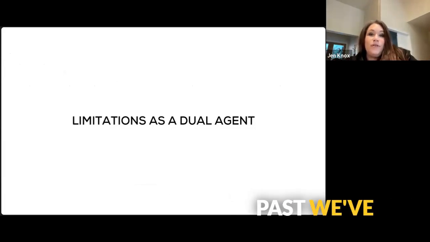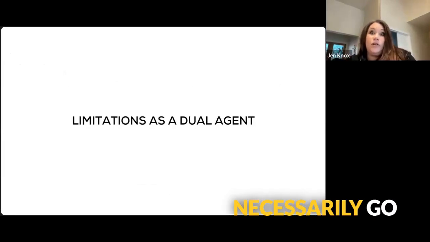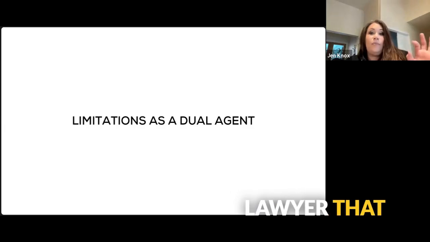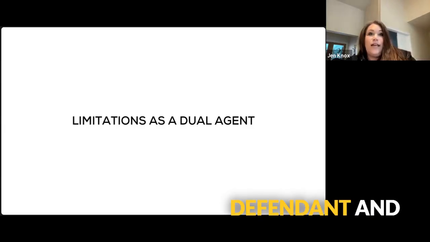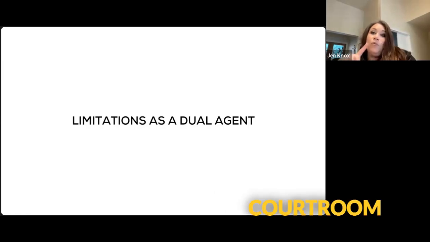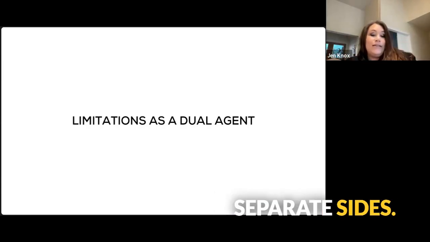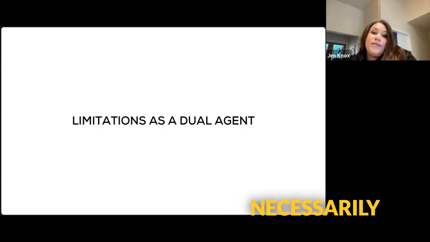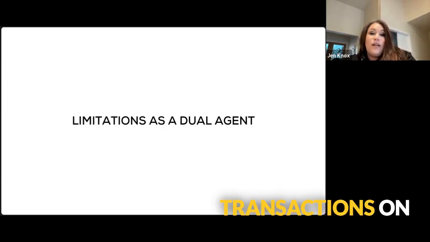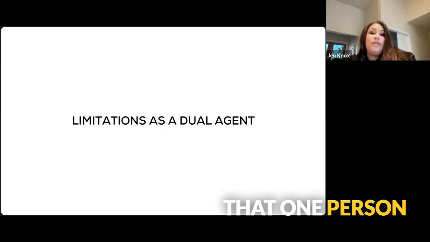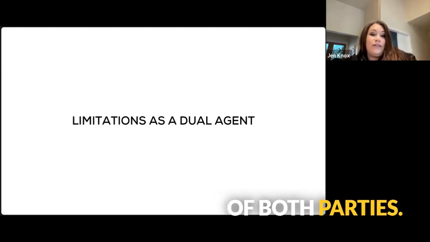I know in the past we've used examples of, you wouldn't necessarily go to court and fight a court case when you have the same lawyer that represents the defendant and the prosecutor, right? So, you wouldn't necessarily go into a courtroom with one lawyer to fight two separate sides. And just as that, you wouldn't necessarily have real estate transactions on a regular basis that one person is going to be acting on behalf of both parties.